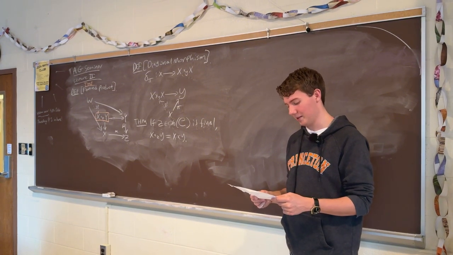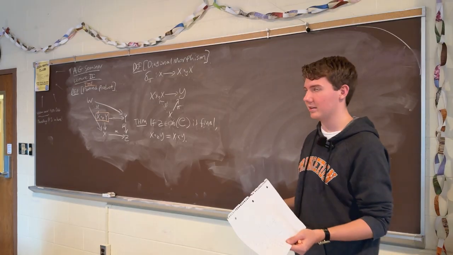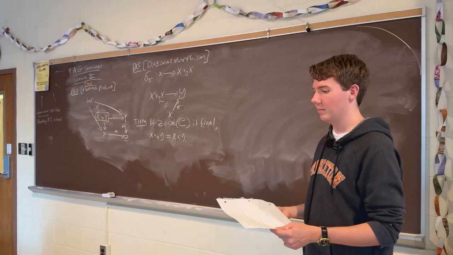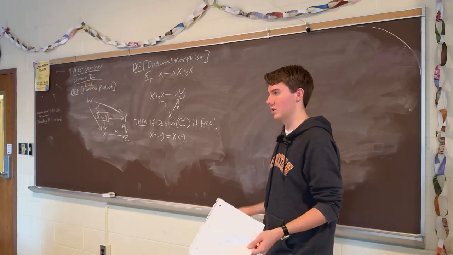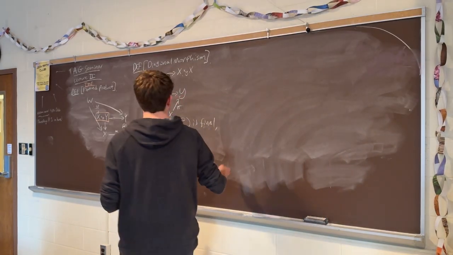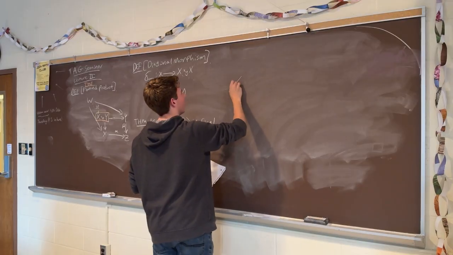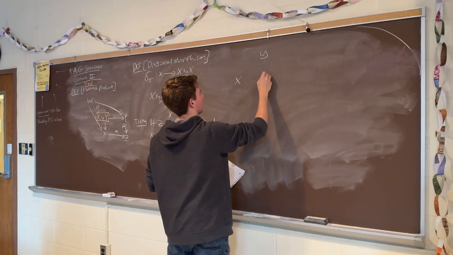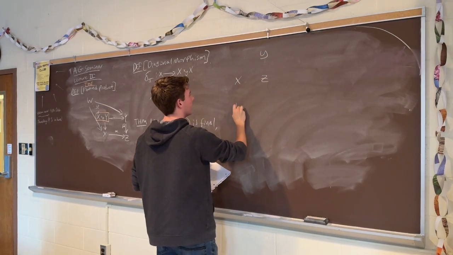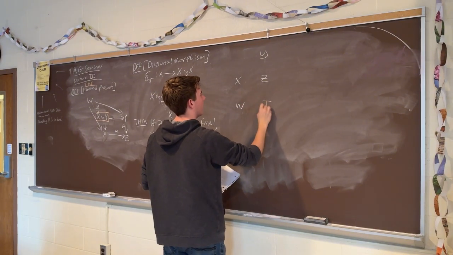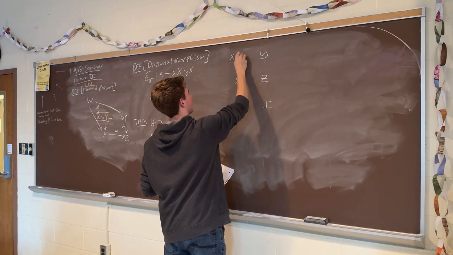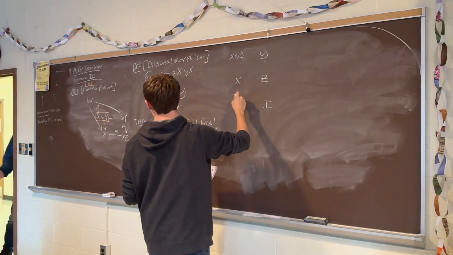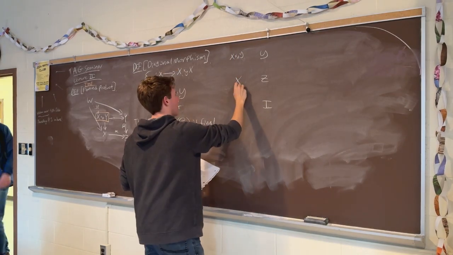But I'm going to state this, and it's just going to kind of be like oh, okay, that's nice, we can chain this together. So if we have x and y and z and we have W and I. And then we have the fiber product here.